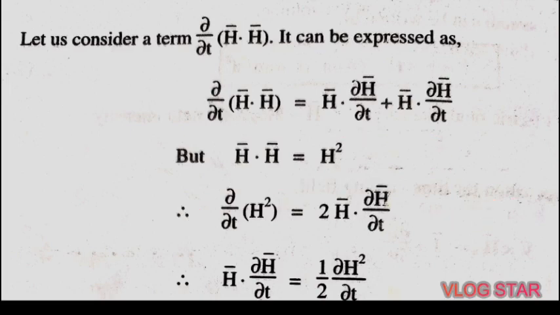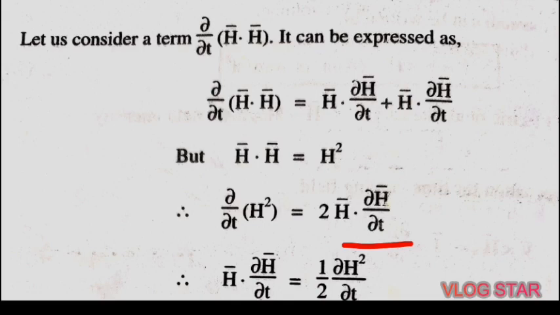So here we just shift the 2 to the left hand side. This becomes H bar dot dou H bar upon dou t is equal to 1 by 2 into dou H square upon dou t.